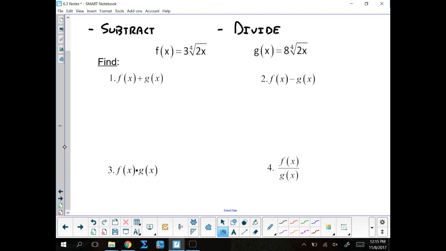What? Yeah, it is. Letters. Yeah, it is. Yeah, I know. So f of x plus g of x would be 3 times the 4th root of 2x plus 8 times the 4th root of 2x.